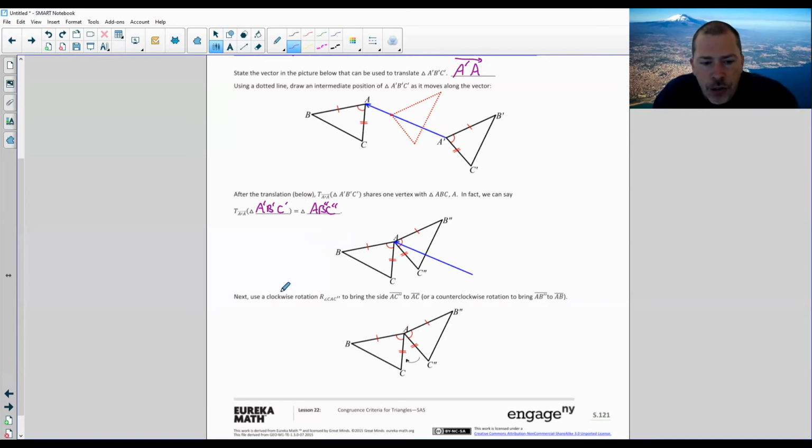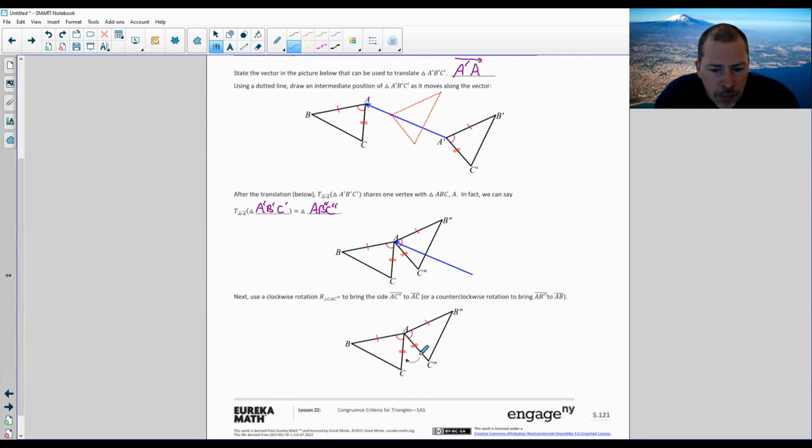Now it says, use a clockwise rotation, capital R, sub angle CAC double prime. So we're going to use a clockwise rotation of the angle CAC double prime.